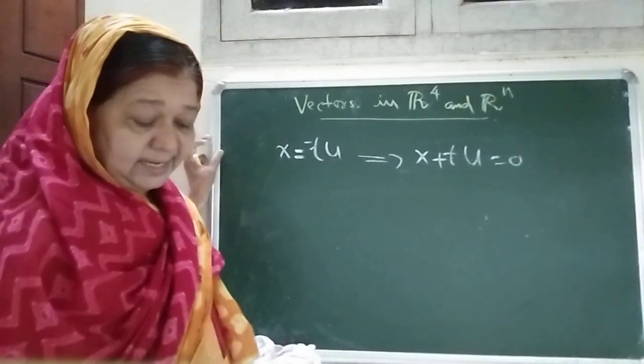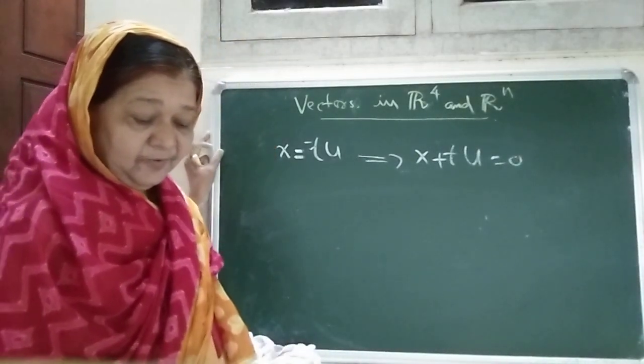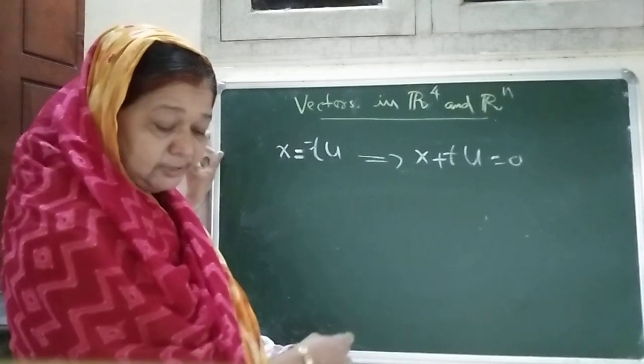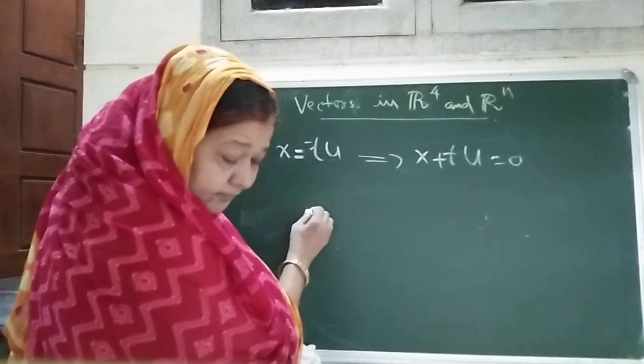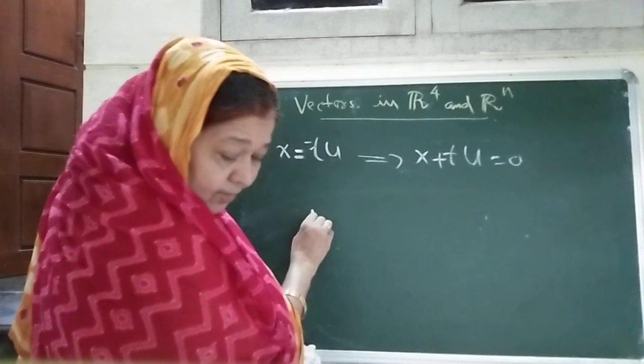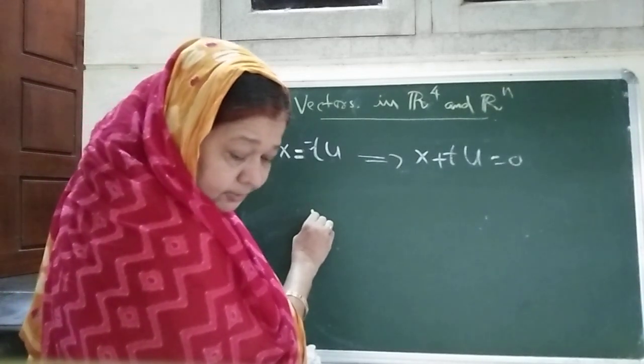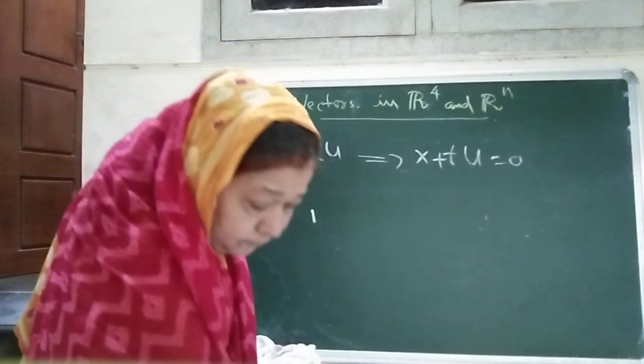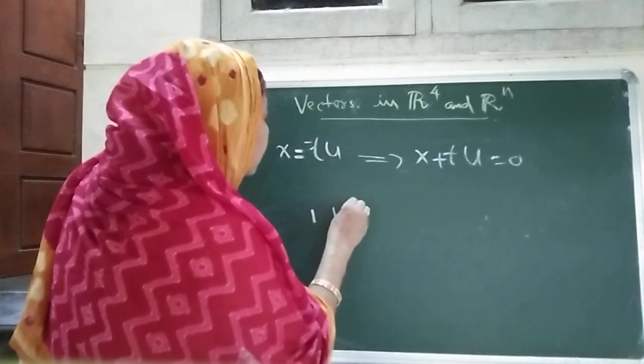Then let us consider an example. Find the equation of a line parallel to, say, 1 1 1 2.